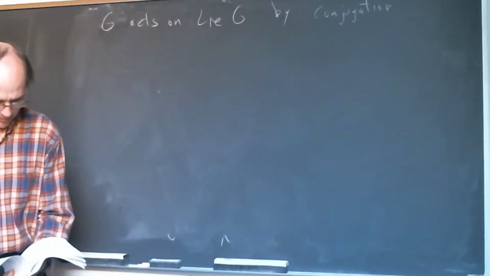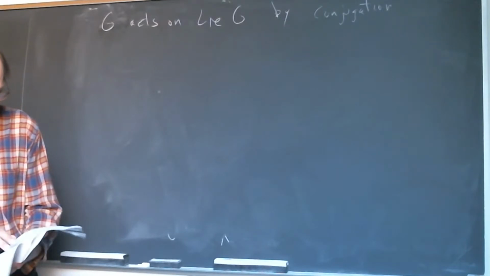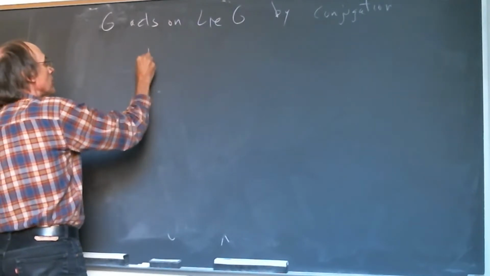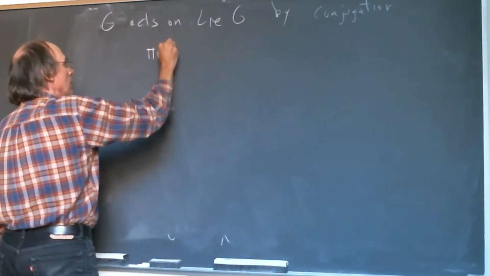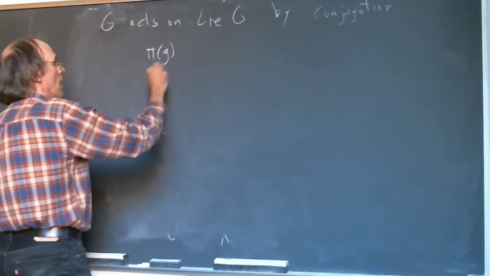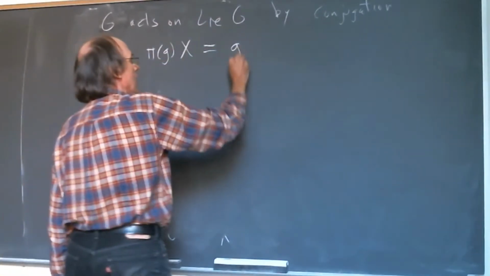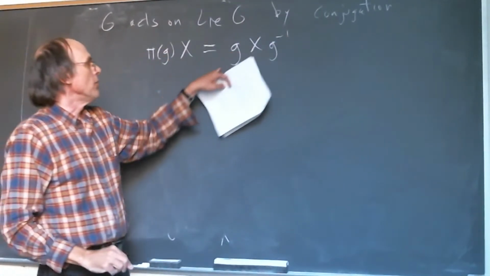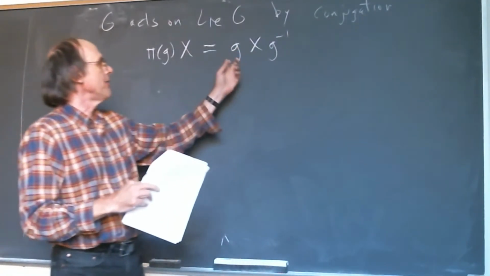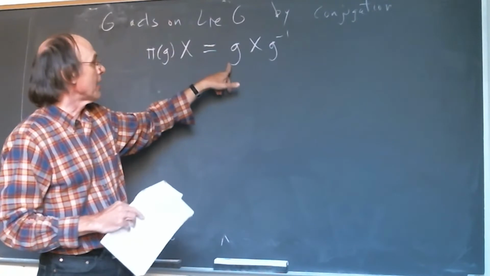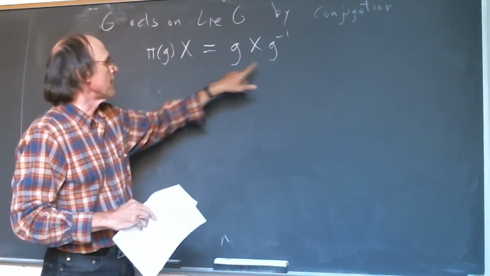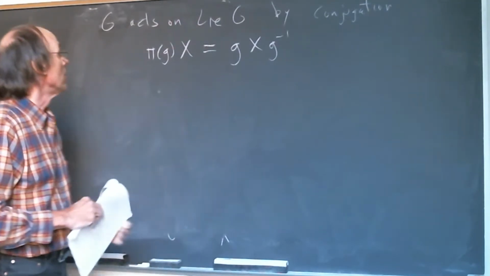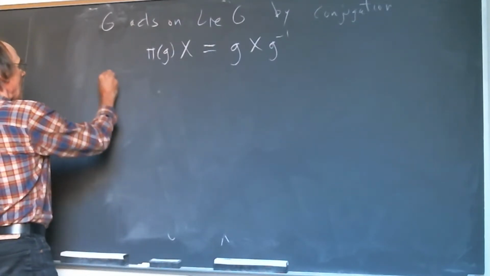So let's take pi of g applied to x is g x g inverse. And you can check that if e to the tx is in the group, then conjugating it by a group element doesn't change that property. And this is called the adjoint representation.